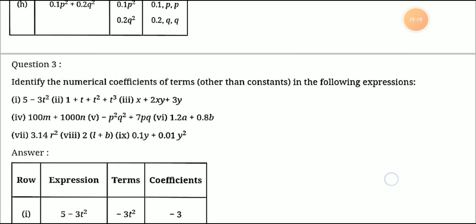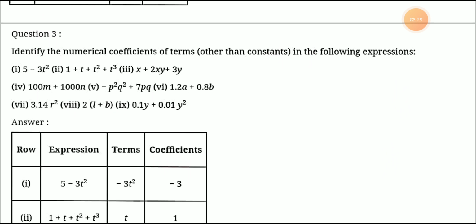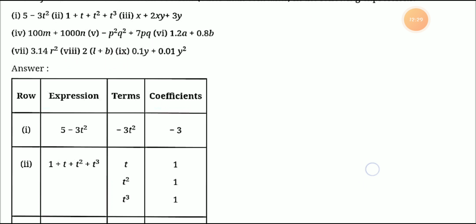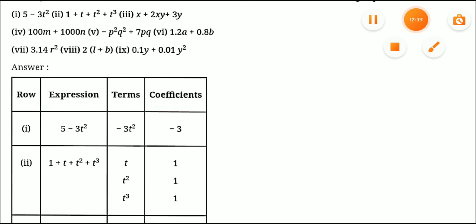See, like this you have to make table. Expressions, terms, and numerical coefficient other than the constants. So first here we can see minus 3t square. So right here numerical coefficient is minus 3. So here we have 3 terms which do not contain any constant, which is t, t square, and t cube.